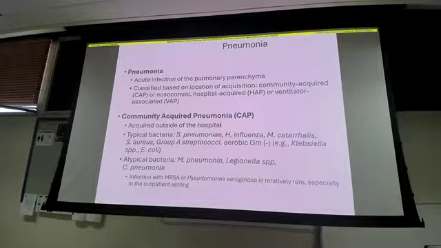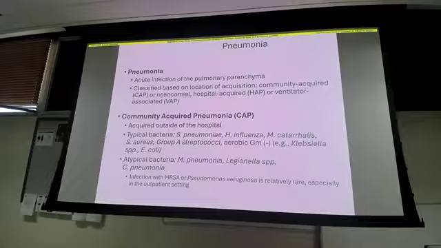But this is all of your different bugs. Again, I'm not going to ask you which bugs. What I wanted to point out here is that infection with MRSA or Pseudomonas, typically when we're looking at pneumonia, we are not worried about that. If they are in an inpatient setting, that is when we become more worried that, hey, maybe I do need to treat for the MRSA and the Pseudomonas, because remember, all these other people in the hospital are also kind of sick, right?